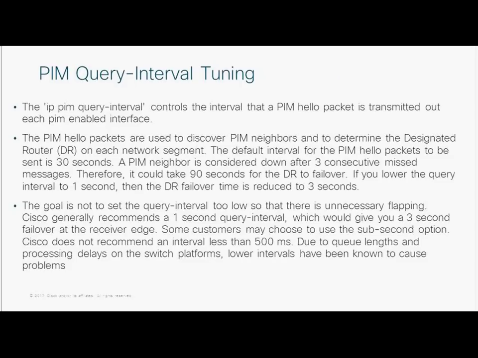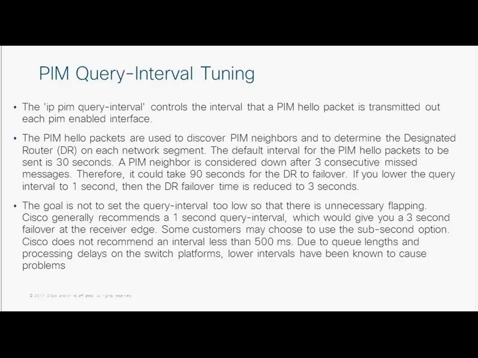We have the PIM query interval tuning, okay? That's also a way that we can optimize the PIM protocol, because PIM hellos are sent every 30 seconds, right? And because of that, sometimes situations occur where the DR could fail, and in order to detect that failure, it will take over a minute and a half to have a change.